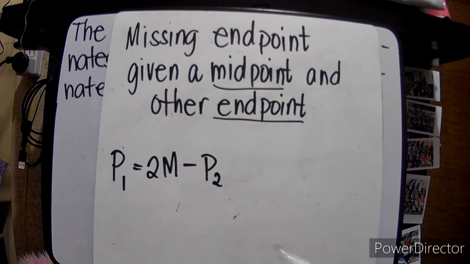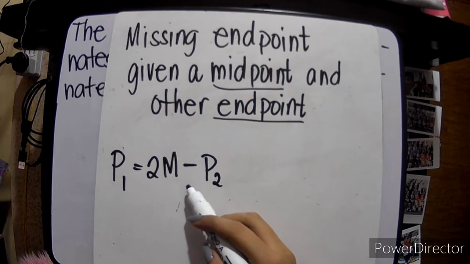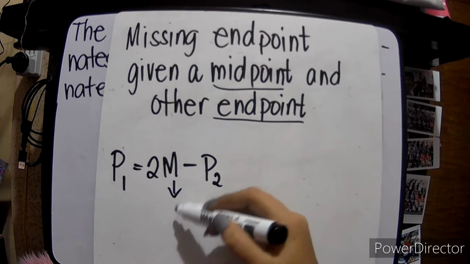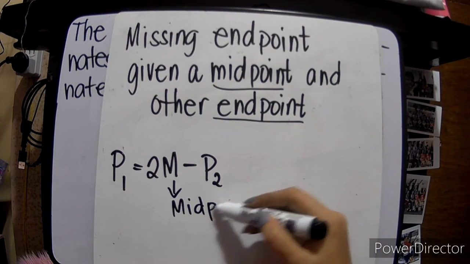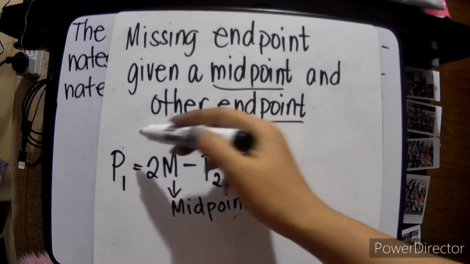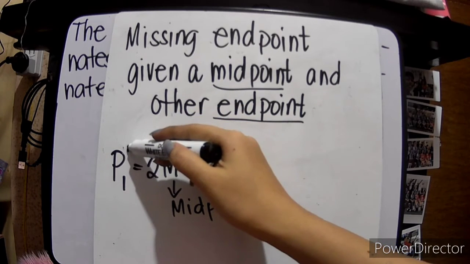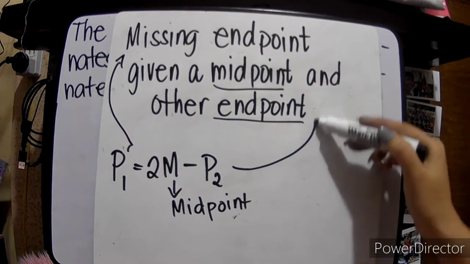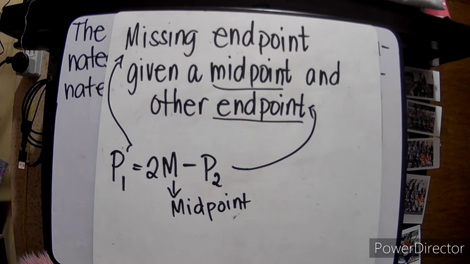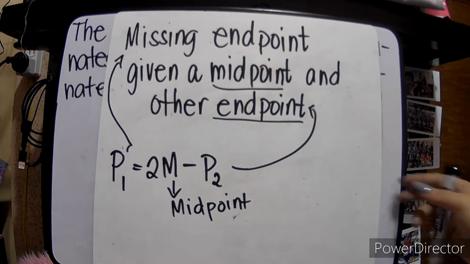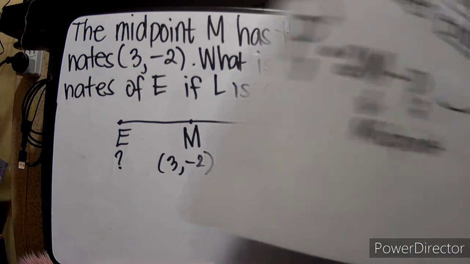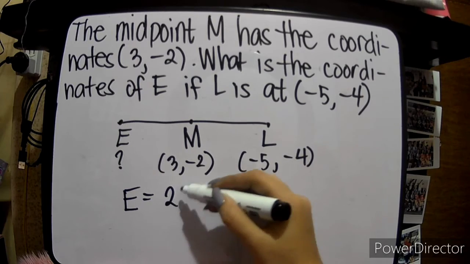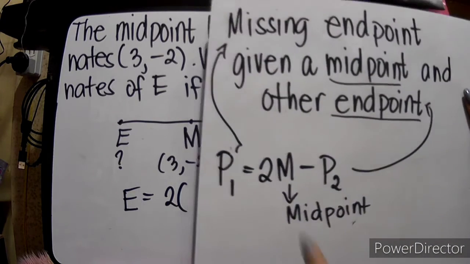So, our formula is P sub 1 is equal to 2M minus P sub 2, wherein M is the given midpoint, itong P sub 1 na to, ito yung hinahanap na missing endpoint, and ito yung given endpoint. So, para makuha yon, ito, yung E, ita-times 2 nyo yung given na midpoint.